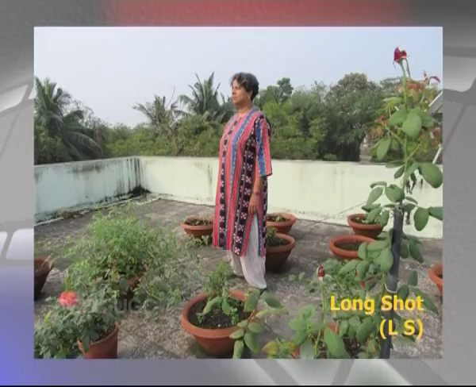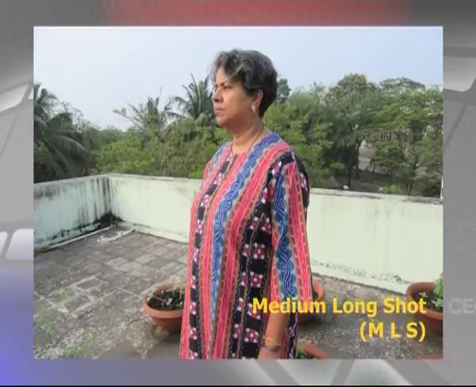Next, we come to long shot, or LS, which is generally a shot that contains the whole human figure. It is a very good shot when you are largely showing an action or physical movement, etc. We come next to a medium long shot, which is MLS, which frames your subject knees up.